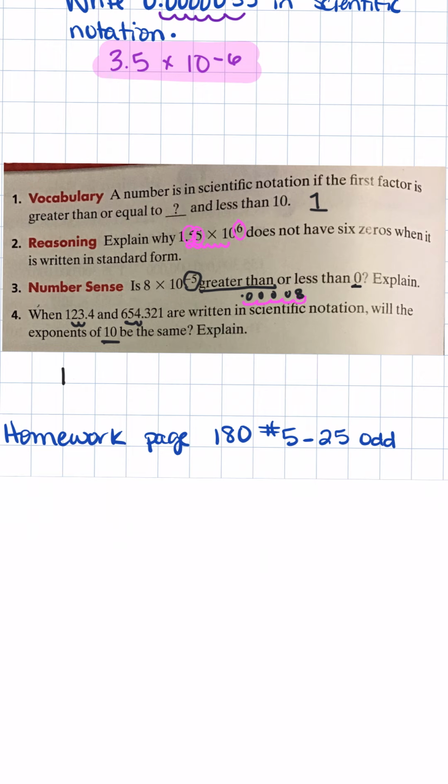It would be 1.234 times 10 to the 2nd power, and that one's going to be the same, but it's just 6.54321 times 10 to the 2nd power. So that's why they're the same.